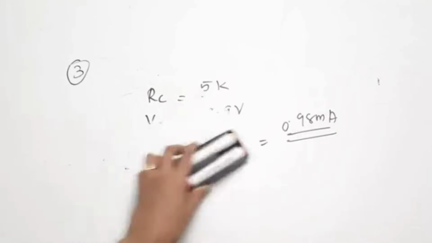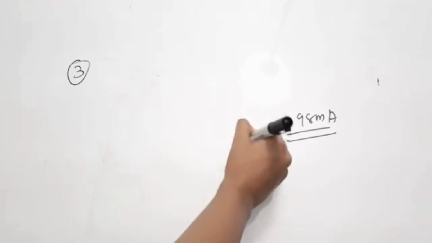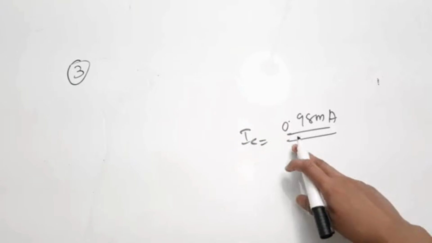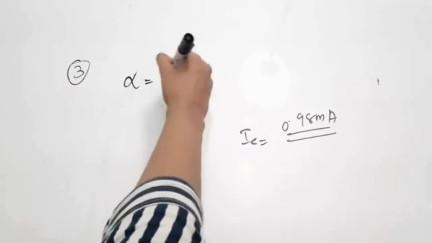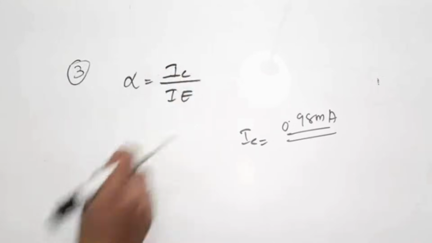So we have obtained the value of collector current. Now we have IC equal to 0.98 milliamperes. Next, alpha value is also given in the question, so we'll try to find IE, the emitter current. The relation is alpha equal to IC, collector current, by emitter current. This is the common base current gain.